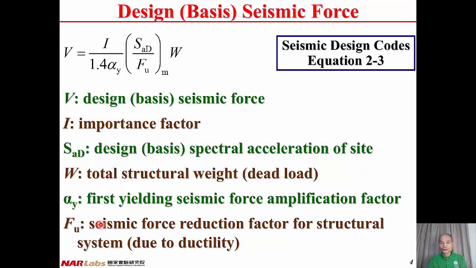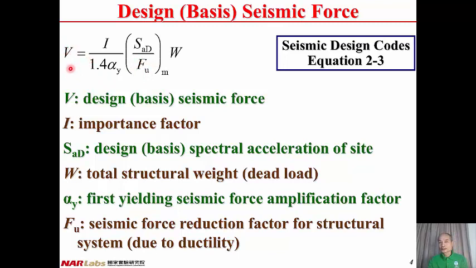And Fu is the seismic force reduction factor for structural system. If the structure is ductile, Fu can be large. The more ductile the structure, the larger the seismic force reduction factor. Because it is located in the denominator, the larger the value of Fu, the smaller the seismic design force.